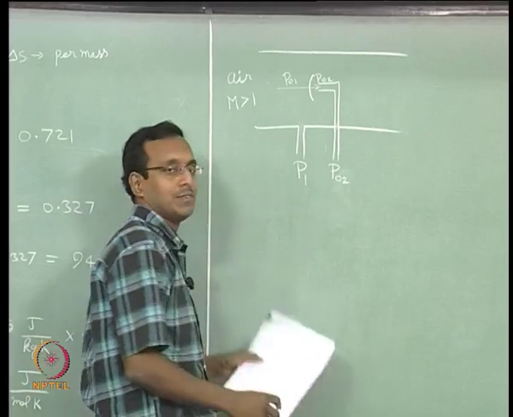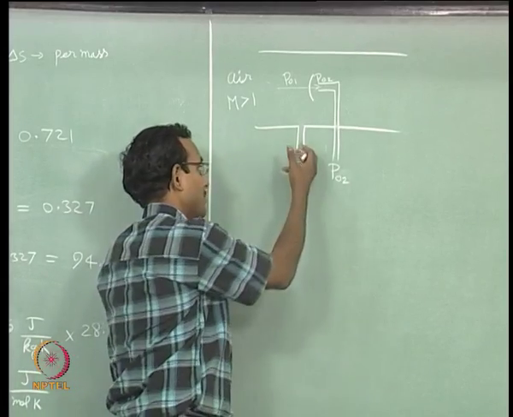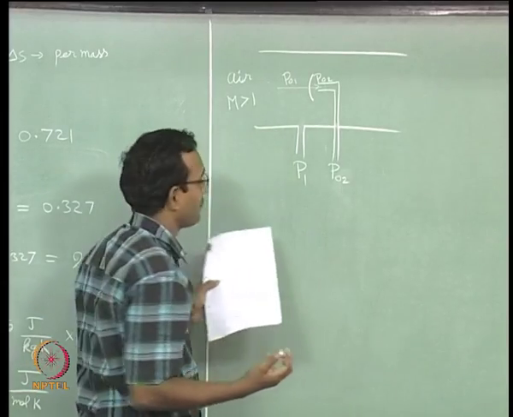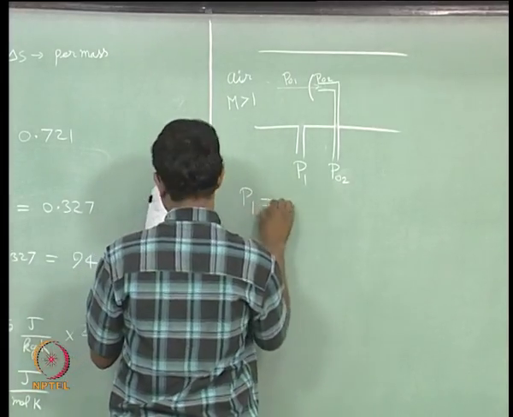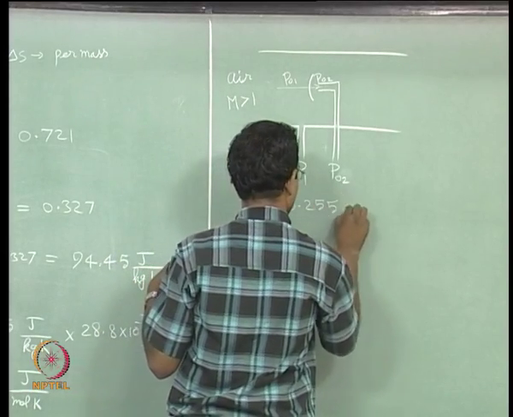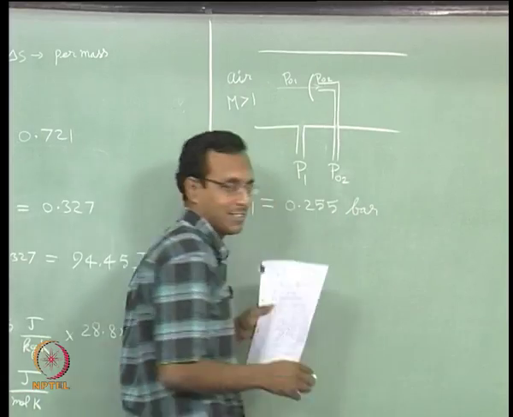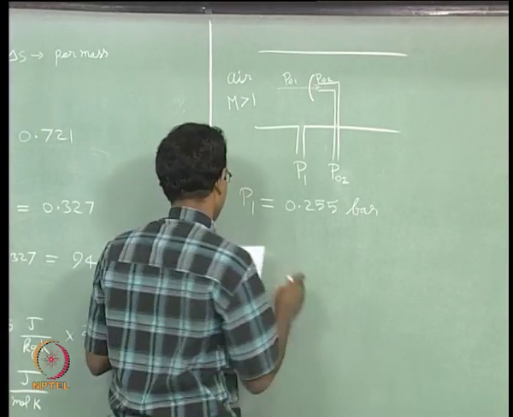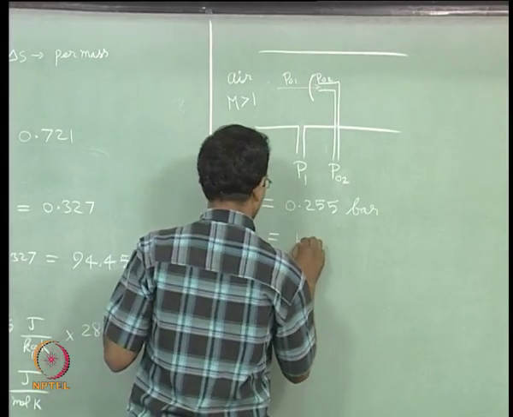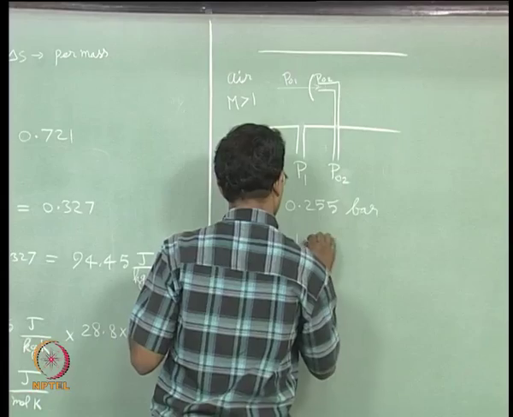These are the numbers I will practically measure if I put a pressure measurement device here. Let us say I am doing that in my lab and I get these numbers. P1 is 0.255 bar. I am giving you numbers close to what can be achieved in our lab. P02 comes out to be 1.44 bar.